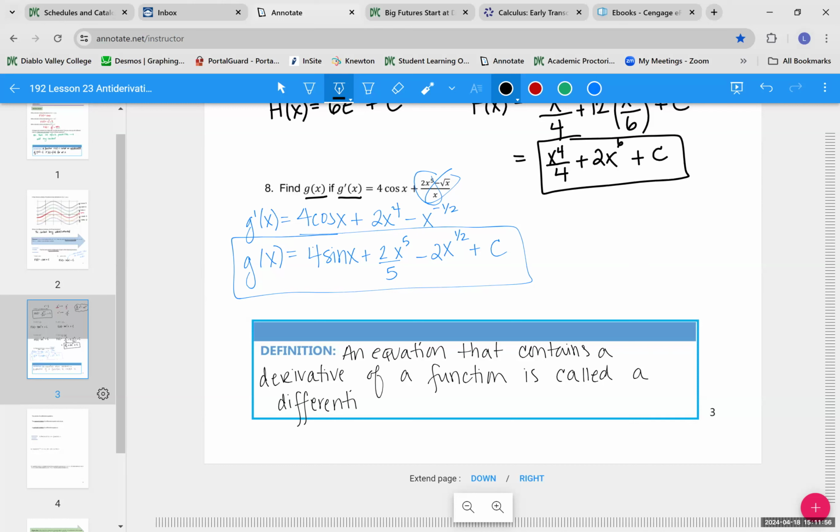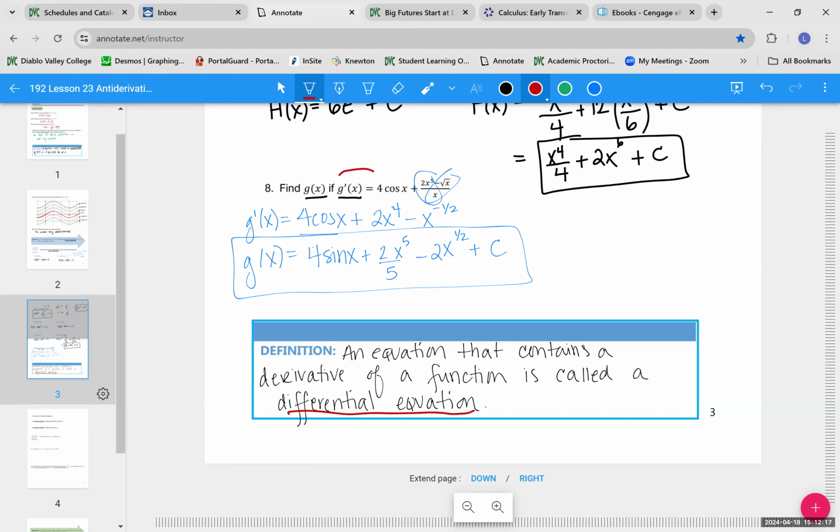Bet you've heard of those. And that is exactly what a differential equation is. It's just an equation, so it's got an equal sign, two sides, and somewhere in that equation, maybe more than one place, there is a derivative.